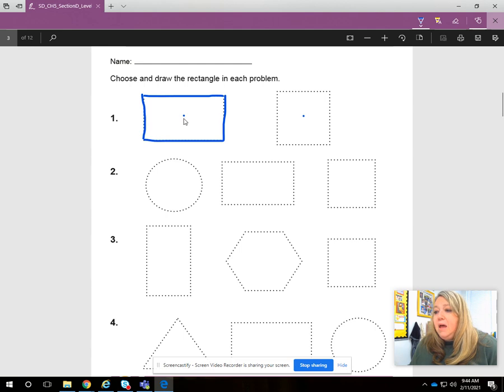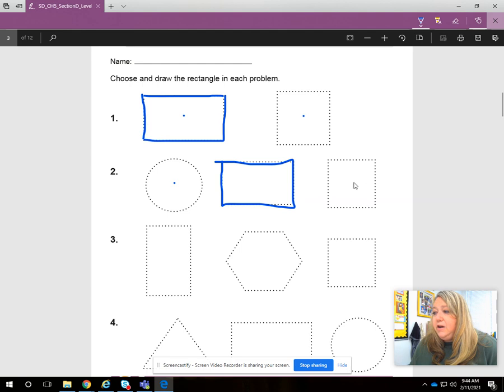Okay, if I look at number two, this first shape is a circle. It's definitely not a rectangle. This next one has two long sides and two short sides. Is it a rectangle? Yes, it is. So I could then draw or trace along the dotted lines to make my rectangle.